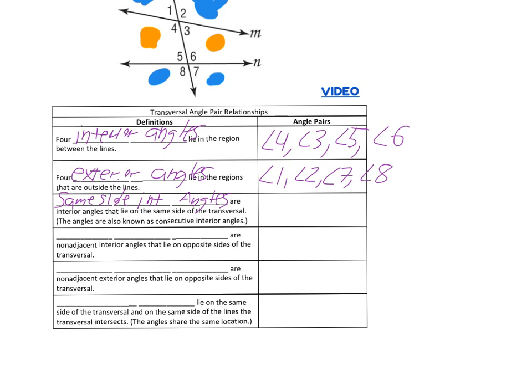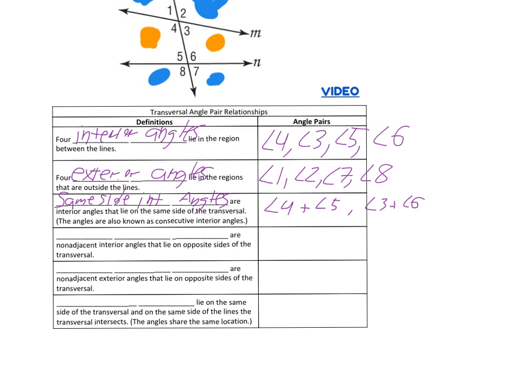Transversal, again, being the line that's cutting through these other lines. These angles are also known as consecutive interior angles. So in this case, our same side interior angles would be angle 4 with angle 5, and angle 3 with angle 6.